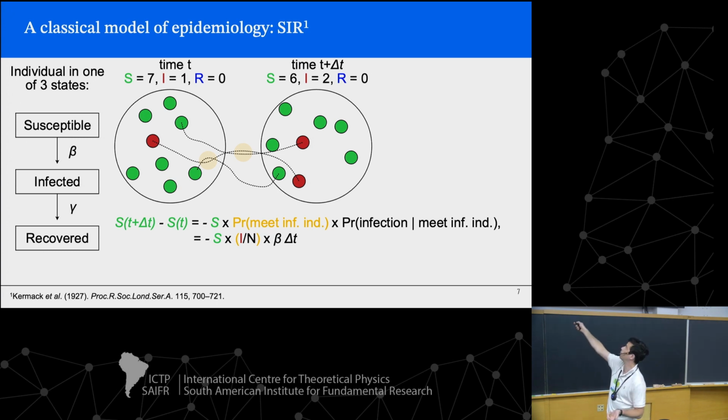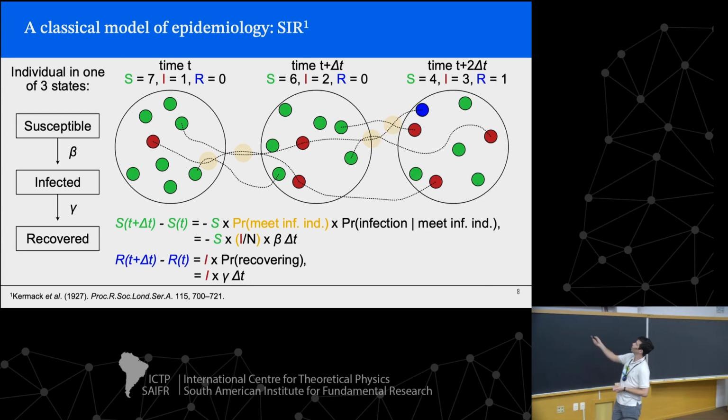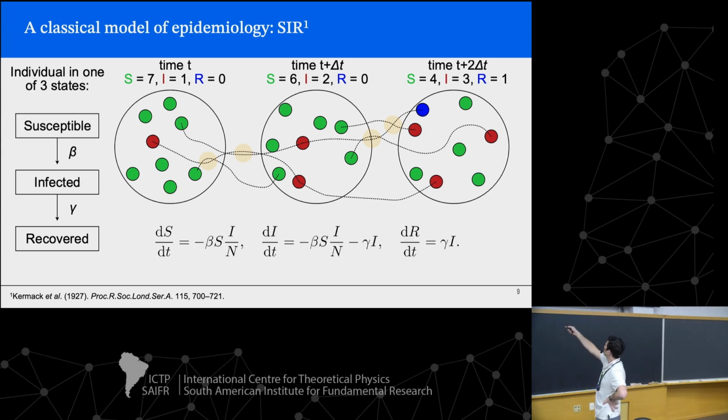So it's 1/8 or I/N. And then the probability that this color is transmitted, I say it's beta times delta t. So this is the SIR model. And then you have one more step, which is the red bead can turn blue. And all of them have the same probability to become blue. So, all right. And then in the continuum, you get those equations.